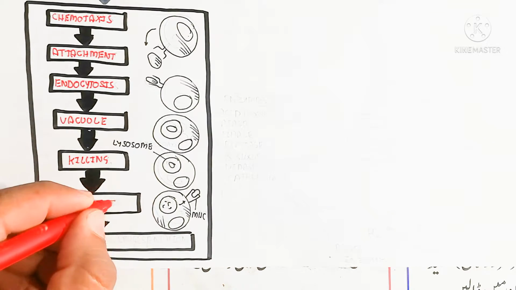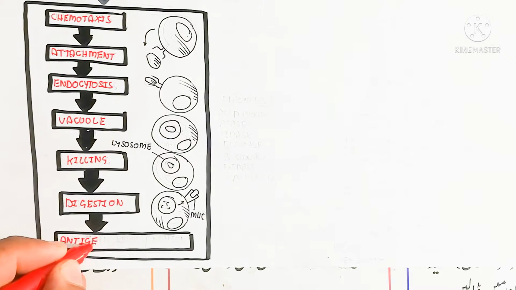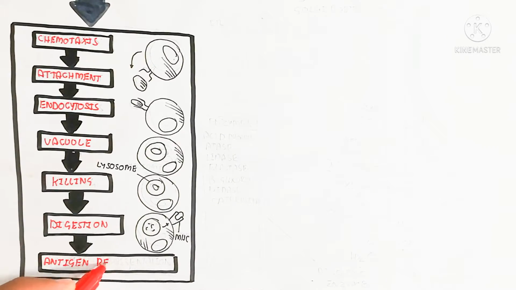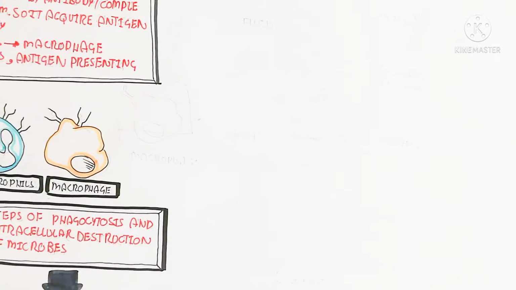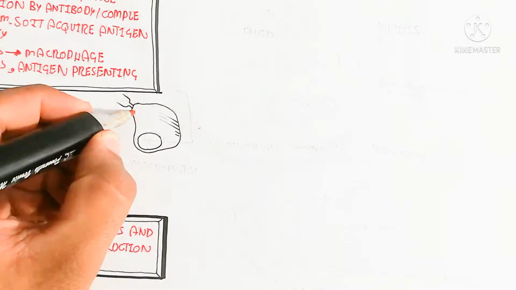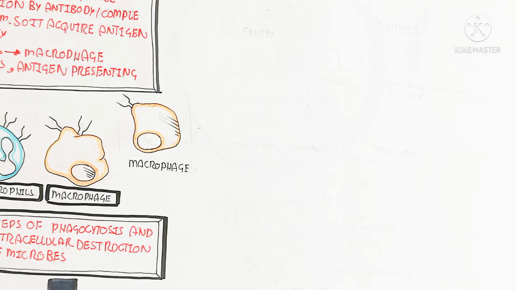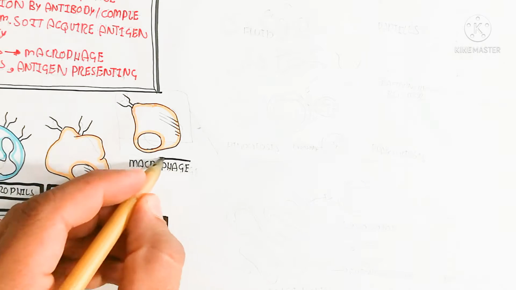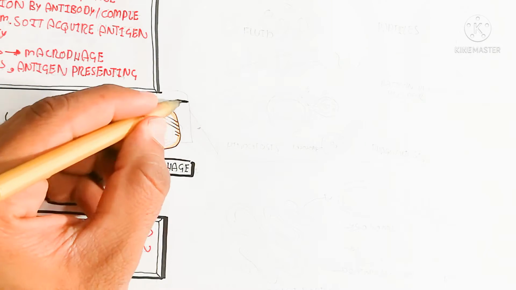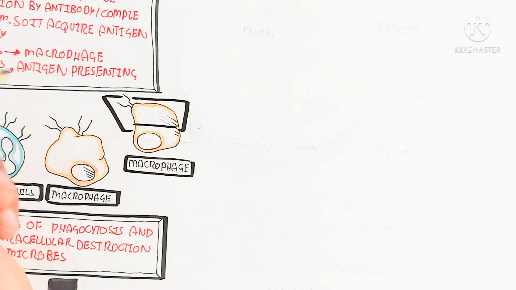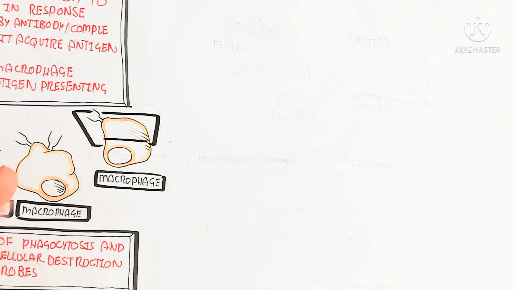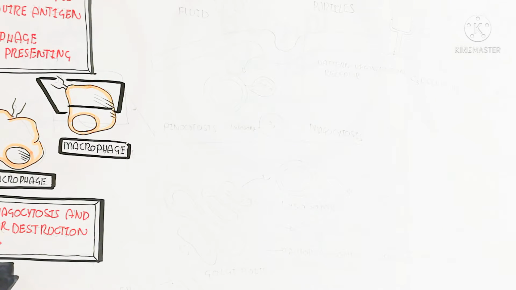After the killing comes digestion, and then antigen presentation through MHC class 2 and 1, the major histocompatibility complex. Let's begin with the macrophage with a bigger picture, for understanding in the best and good manner.